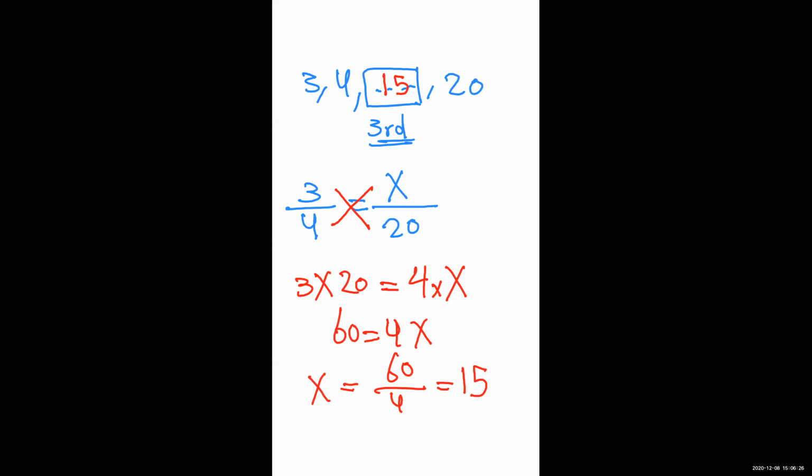Okay, great. One more example. Find the fourth proportional for the following quantities: 18a squared b, 12ab squared, and 21ab.